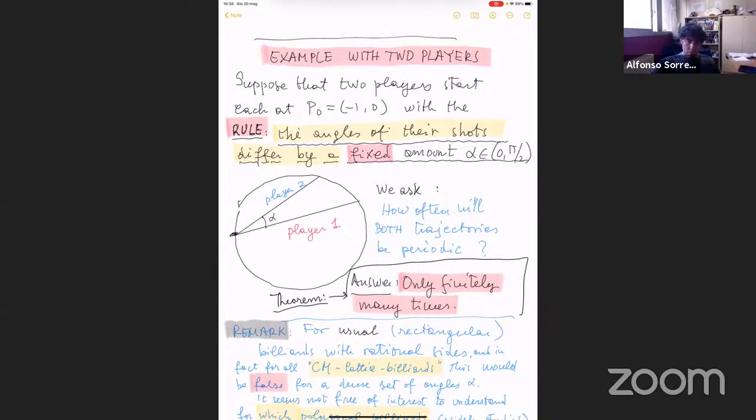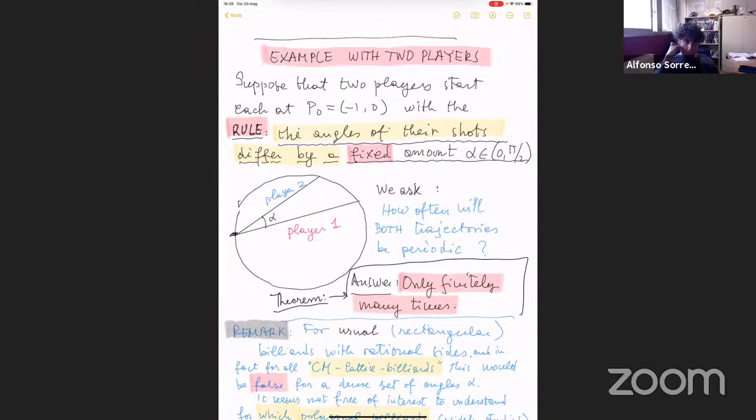So we may pick an angle between 0 and π/2, for instance. We fix the angle in advance, and then we consider pairs of billiard shots such that the directions differ by this angle. And we may ask, how often will both trajectories be periodic?